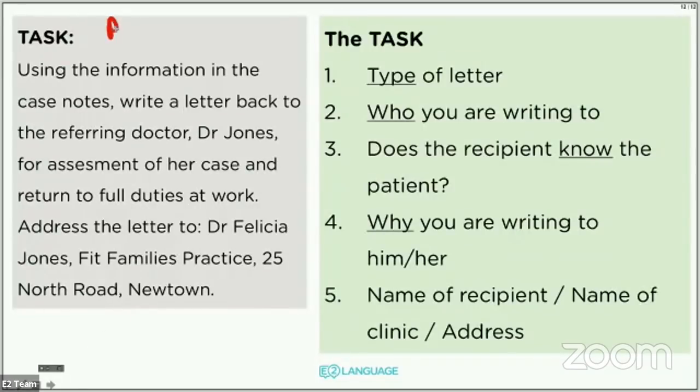In this one, you are a physio. You're a physio. Give you some context.